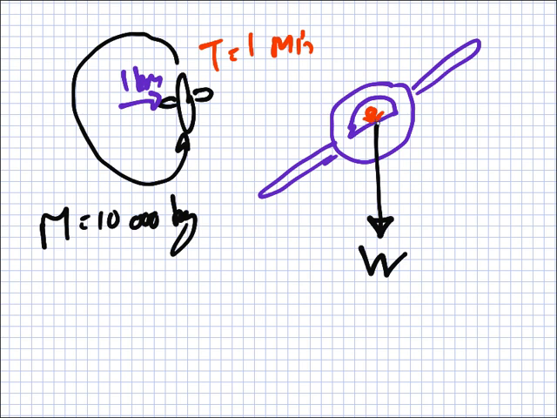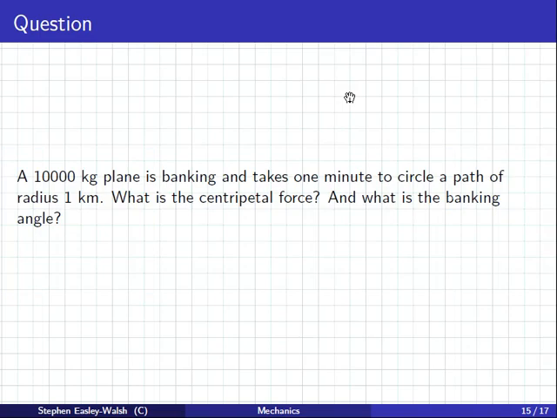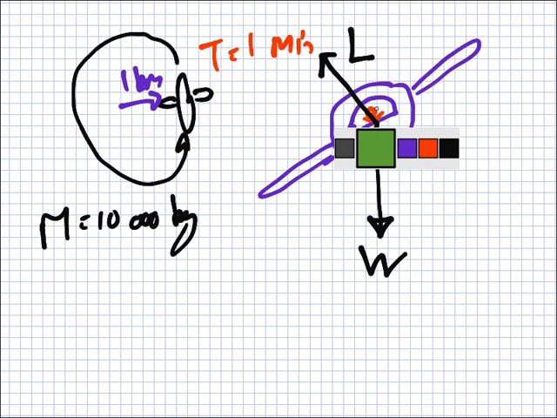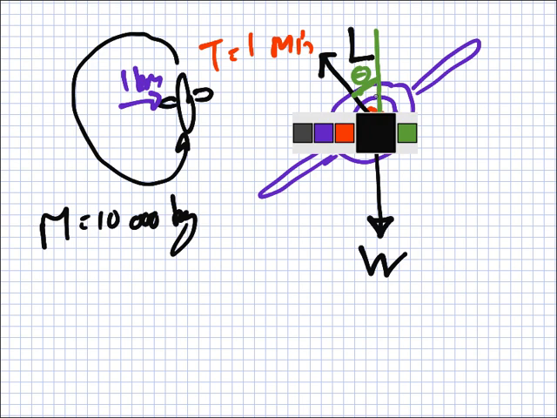Well, there's something called a lift force to keep the plane up in the air. Now, this is all the information, isn't it? My question is, what is the angle here? This theta here. I want this angle.